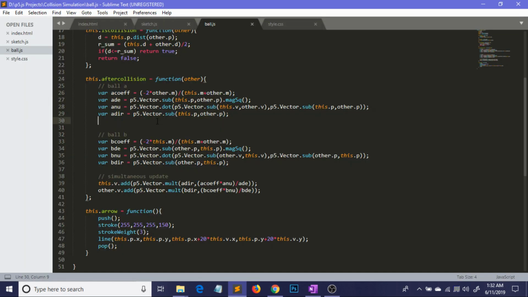Obviously there are many ways to code the same thing, but this coding technique suits me the best. And after you have calculated all these things, you must remember to update the velocities simultaneously, because if we just write this line here, because I am in object A, this represents the properties of object A and other represents the properties of another object.